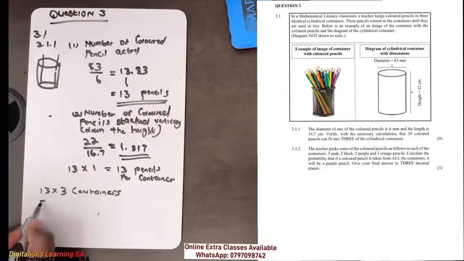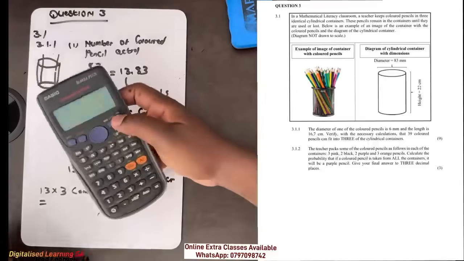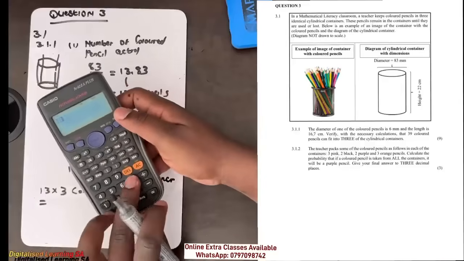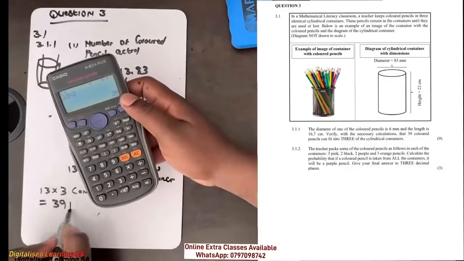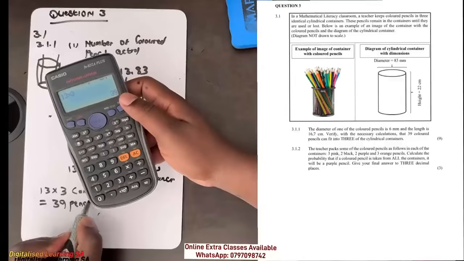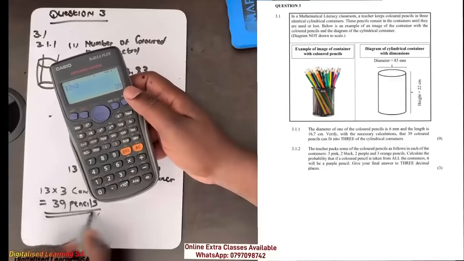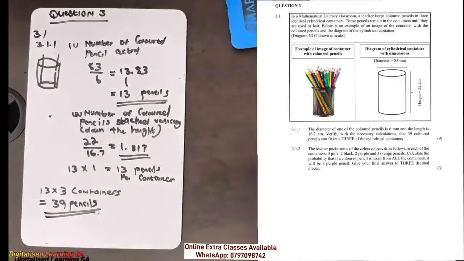Meaning that in total we will have 13 multiplied by 3, which is 39 pencils. In total we will have 39 pencils, and that is our answer, because remember that the question said to verify with the necessary calculations that 39 colored pencils can fit into 3 of the cylindrical containers.